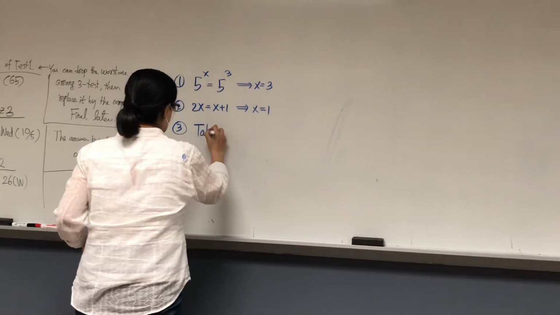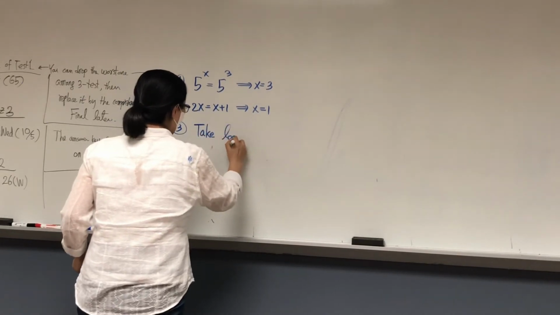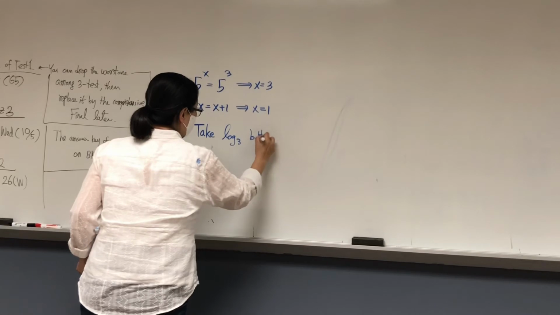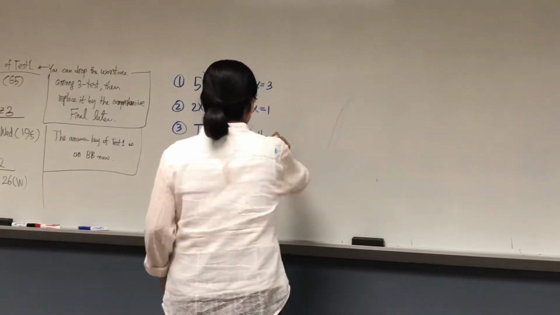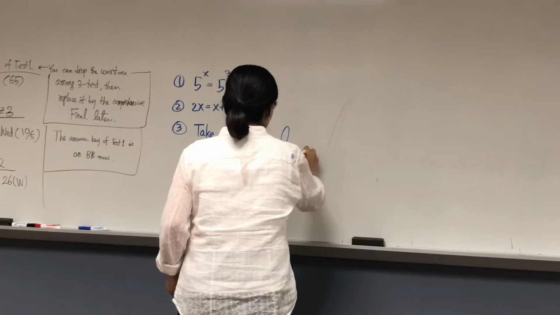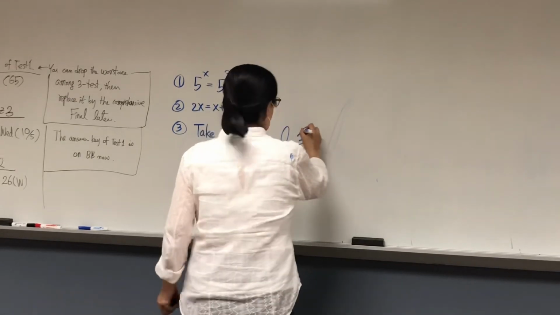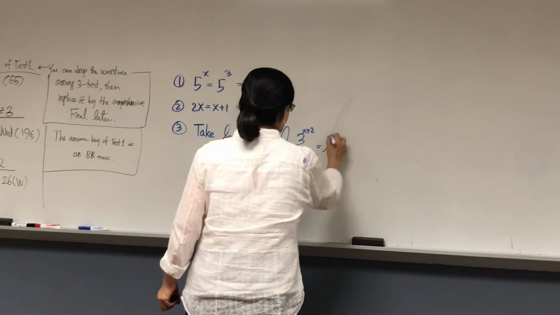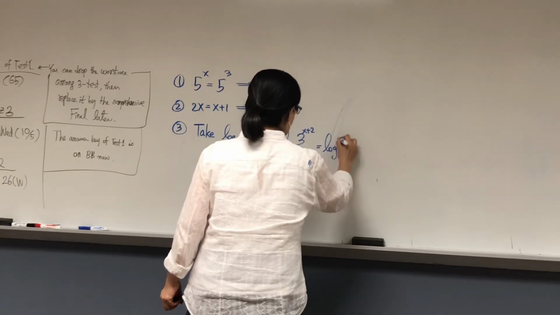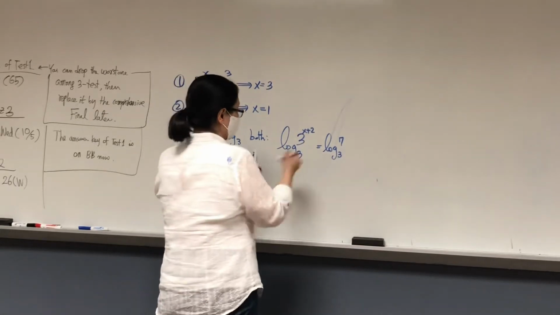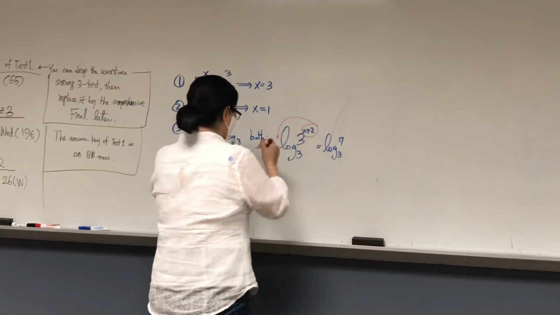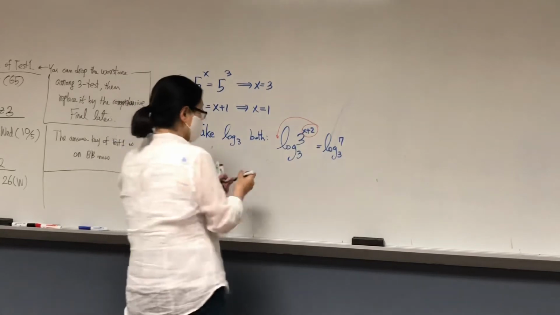Take log base 3 of both sides. And then what do you have? Log base 3 of 3 to the x plus 2 equal to log base 3 of 7. Am I right? And then the exponent comes to the front.